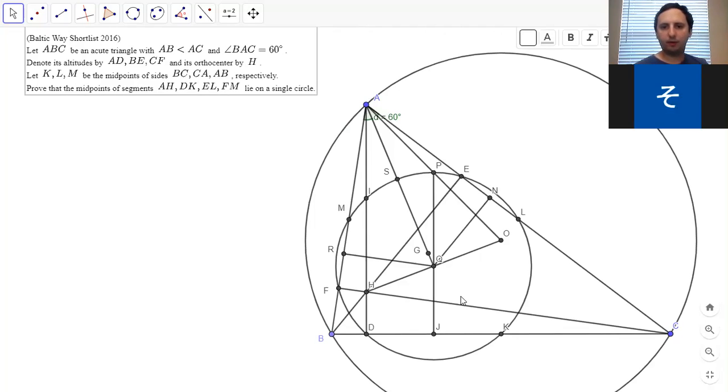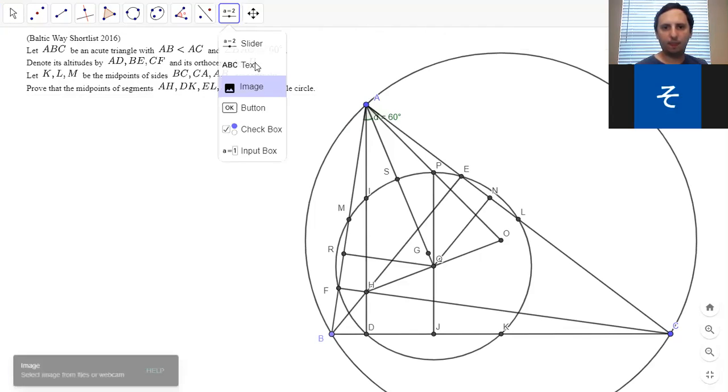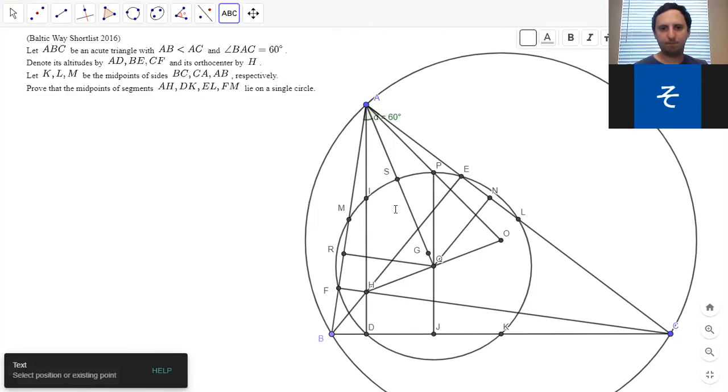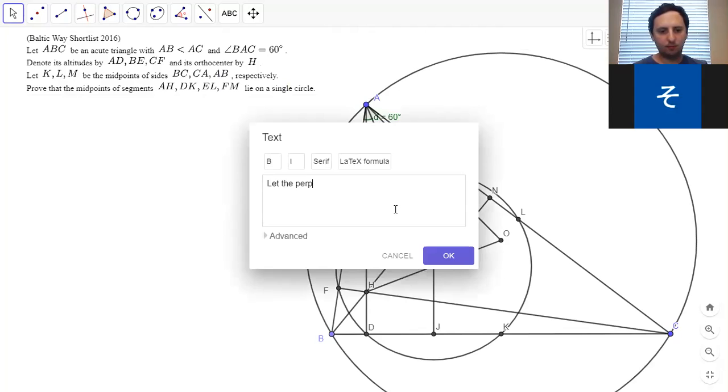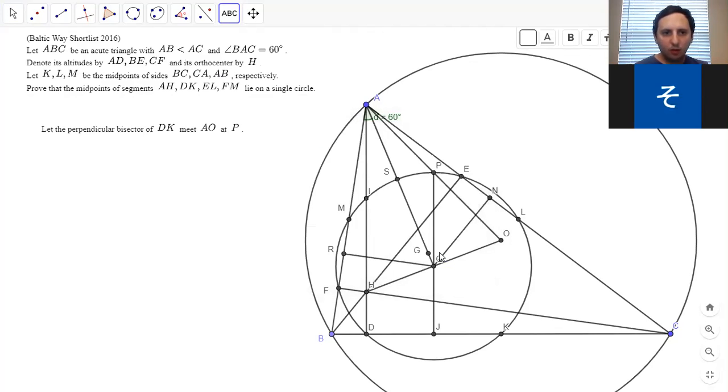So let the perpendicular bisector of JK meet AO at P. All right. So first, can I show that P lies on the 9-point circle?